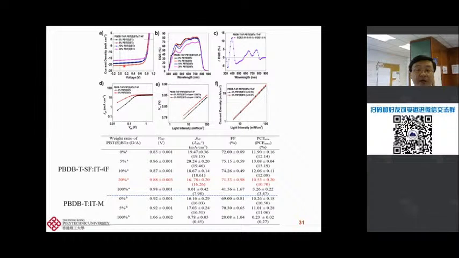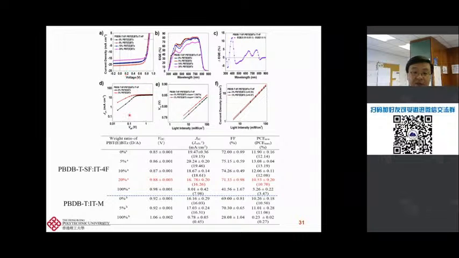Here is what we see using this classical system, this one and IT4F. We find that by adding a smaller amount of it, we go from this black curve to this red curve. It releases the stress, and adding this deep HOMO material actually does not form traps there.